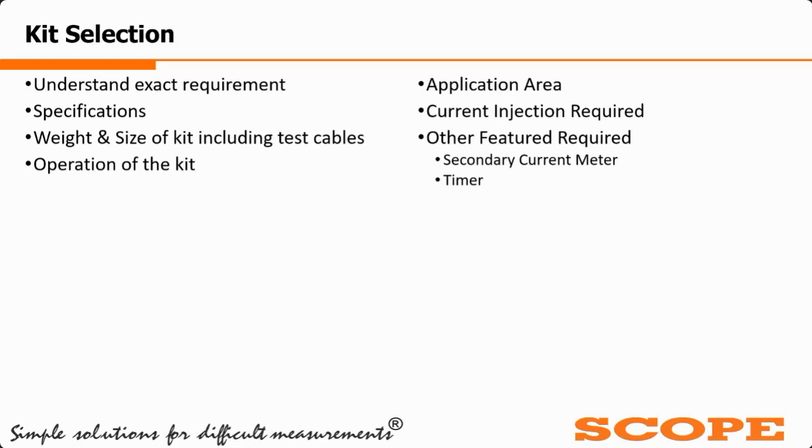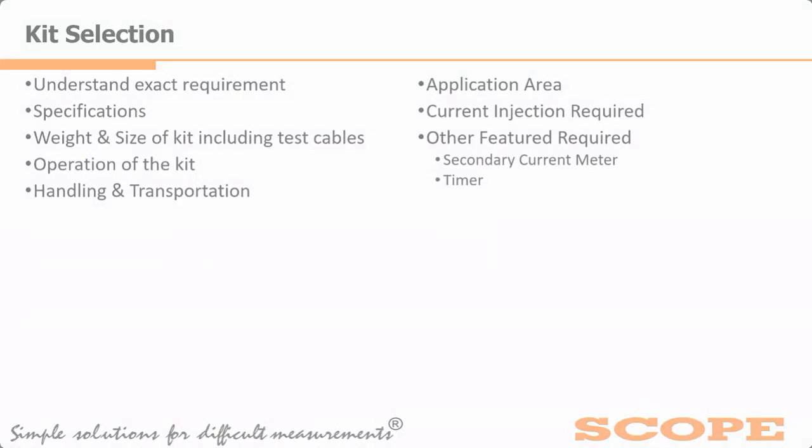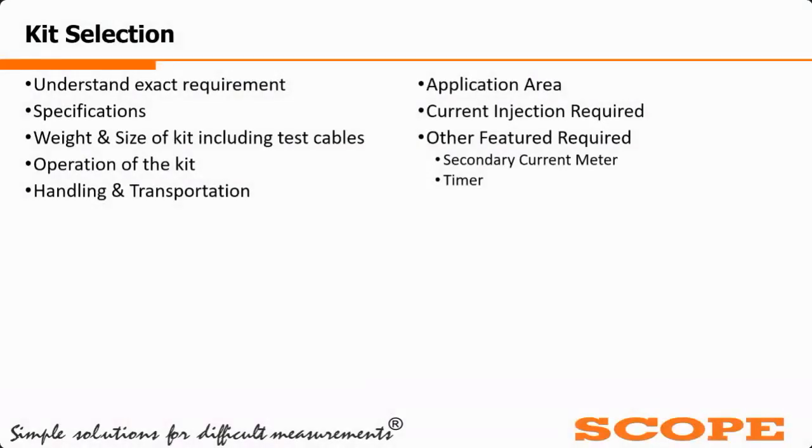Operation of the kit: the instrument should be user friendly to operate. So these points we need to consider during the selection of the primary injection kit. Then handling and transportation: the kit should be very easy to transport as well as to handle.